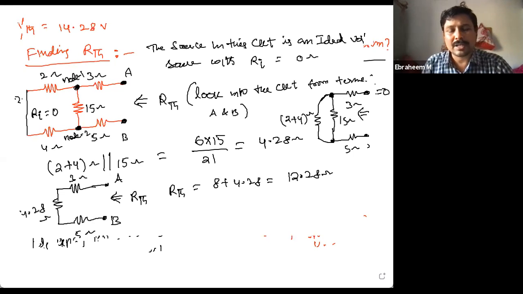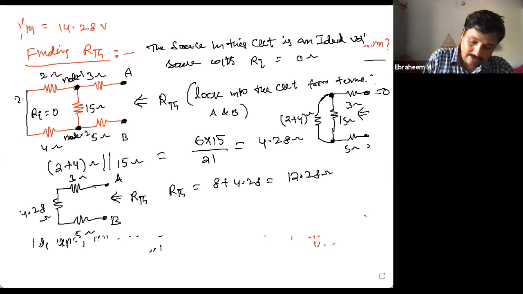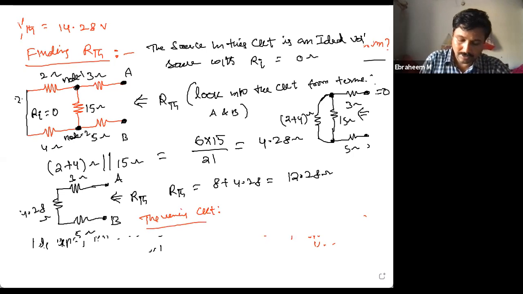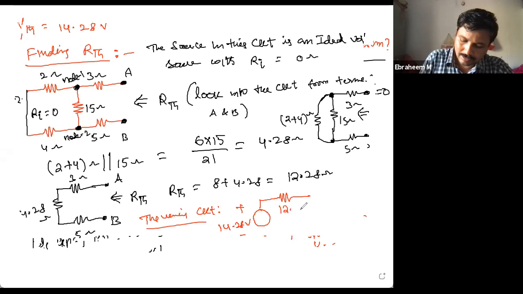Now our circuit became a Thevenin's equivalent circuit. What is the voltage? 14.28 volts, right? So it is 14.28 volts in series with the RTH, 12.28 ohms.